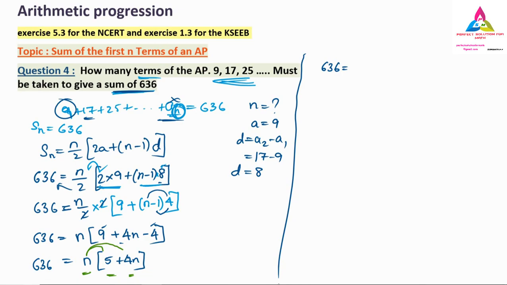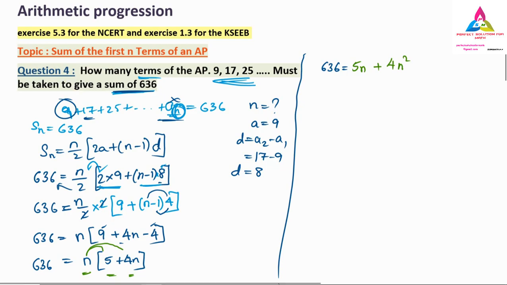So n into 5 is 5n, then plus n into 4n, 4 as it is, but n into n is nothing but n square, so 4n square. Remember this is most important, because now it turns into a polynomial. In a polynomial we have to keep that 4n square as it is. So now it became an equation actually, because we have the equals to.